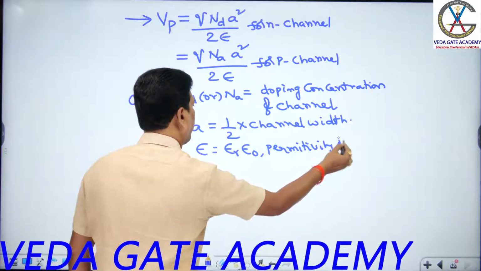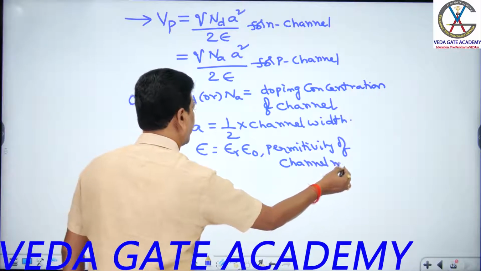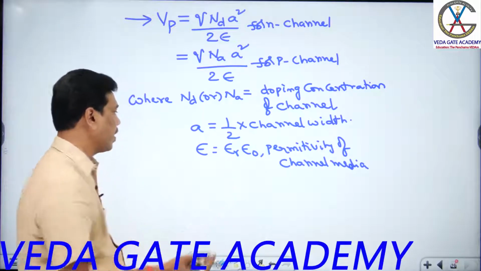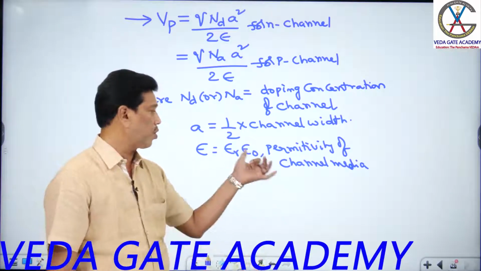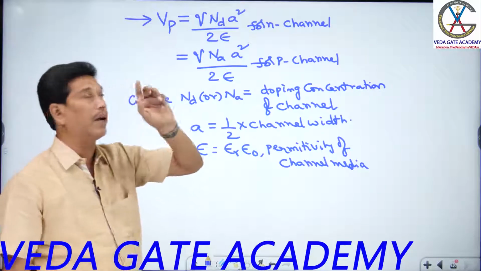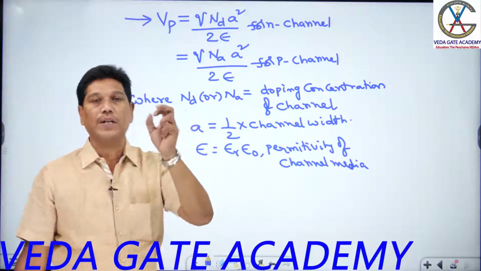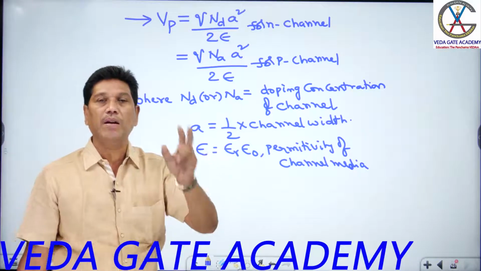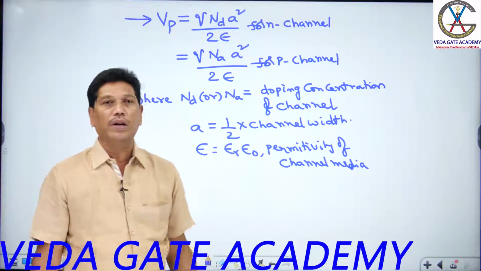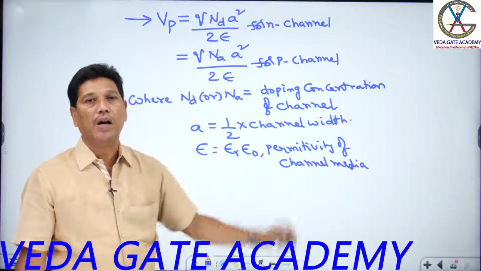Epsilon equals relative permittivity times the permittivity of free space; for silicon it is around 11.7. So the pinch off drain voltage depends mainly on two factors, channel width and doping concentration of the channel. It is the minimum drain voltage where the drain current becomes maximum and constant, students.